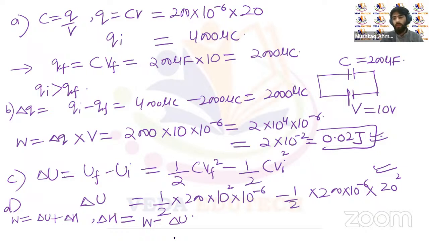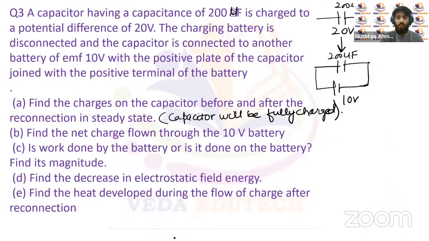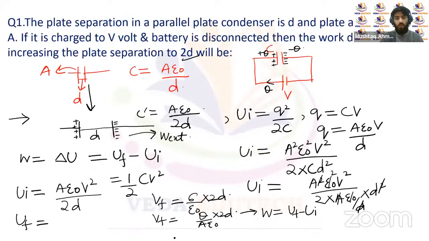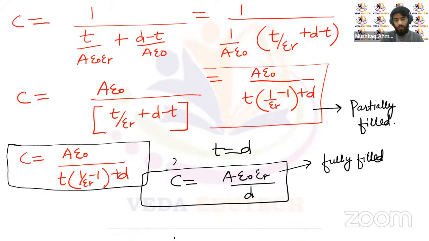And also the dielectrics. So how the dielectrics affect the capacitance of a capacitor. In the last lecture also we had discussed the dielectrics, right? So this was the final result, how the capacitance of a capacitor changes by using dielectrics, right?